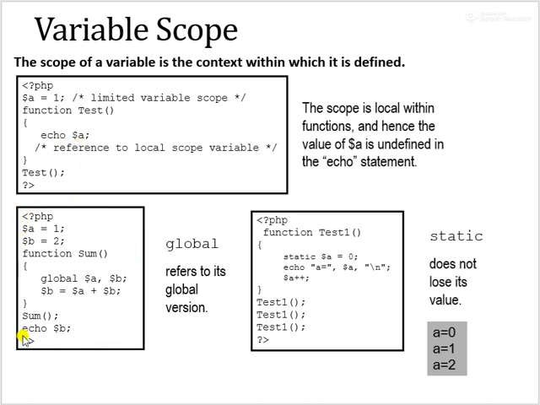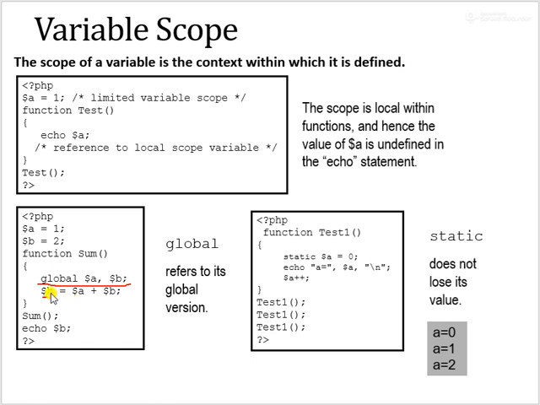Okay, in this example, a is assigned 1, b is assigned 2. A and b are global variables. They have global scope, and if we want to access them inside the function, we can access them by using a special way, like here global a b, and then we can access them.